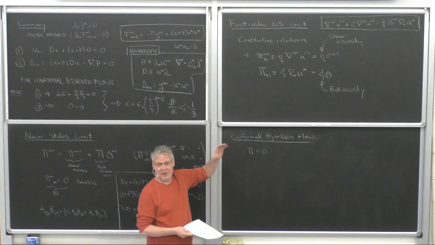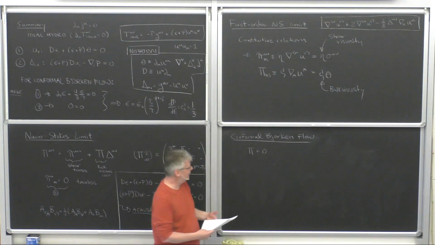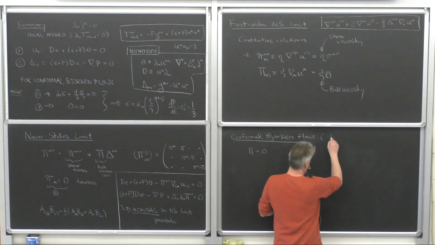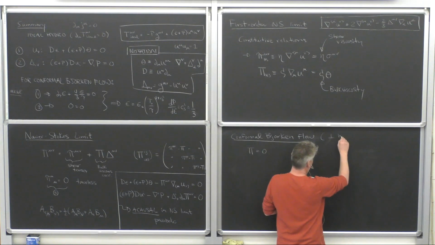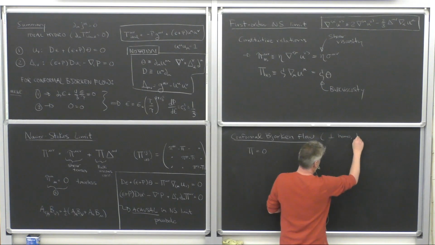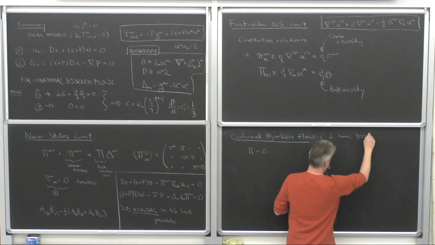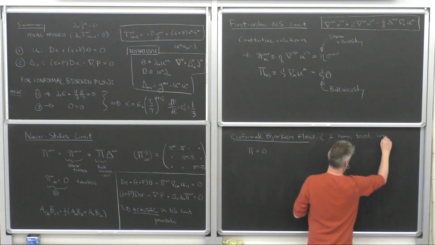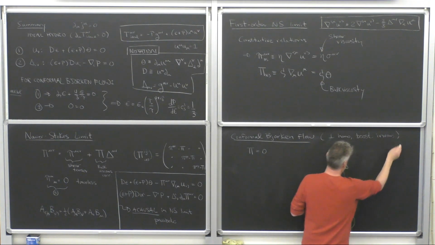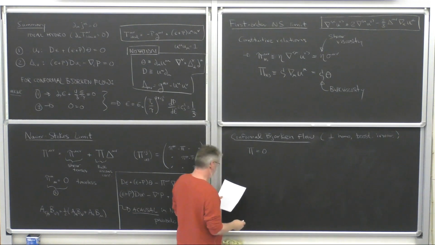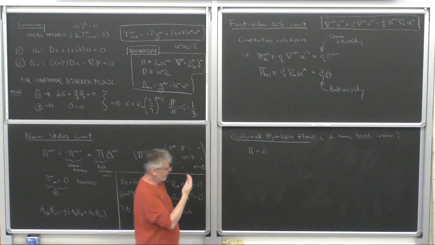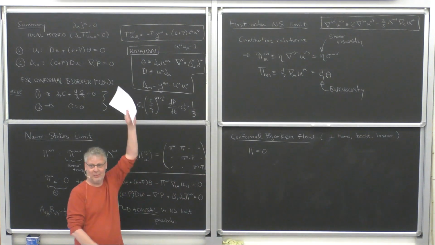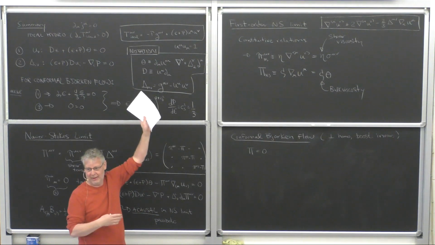Remember, Bjorken flow is homogeneous in the transverse direction, so it's transversely homogeneous, and it's also boost invariant. So as a result, because it's transversely homogeneous, there can be no symmetry breaking in the xy plane.